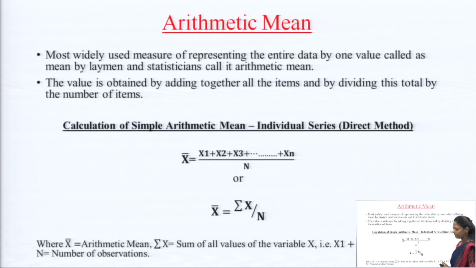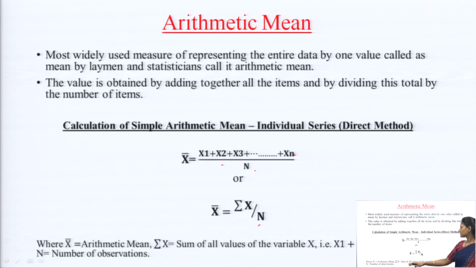For example, the formula is x bar is equal to x1 plus x2 plus x3 plus up to xn, where xn represents the last data, divided by the number of data which we have, n. In a more simplified manner, x bar is equal to summation of x divided by n. This summation shows the addition of all the data in the numerator, divided by the total number n, the denominator, where x bar is the arithmetic mean.